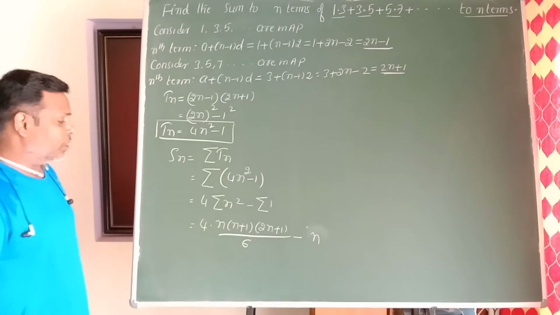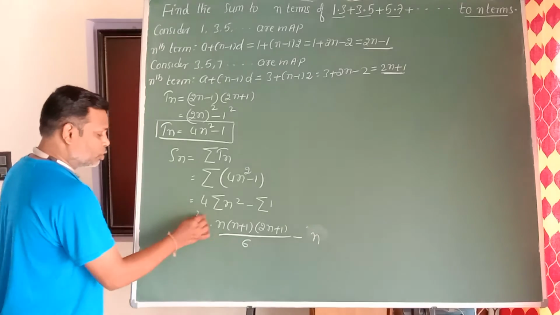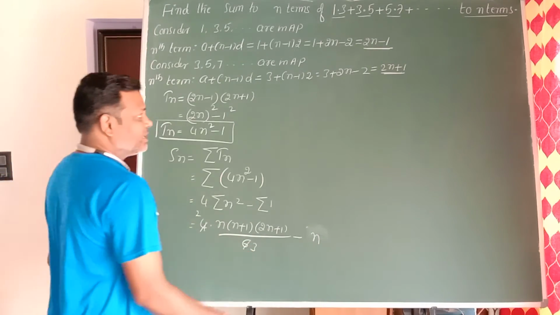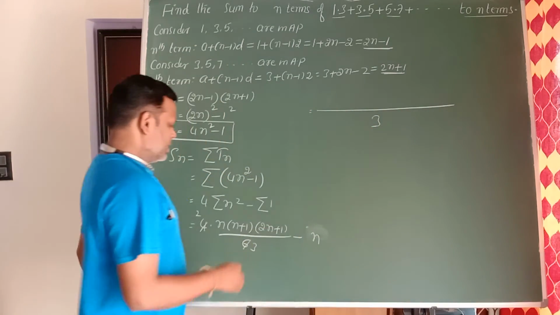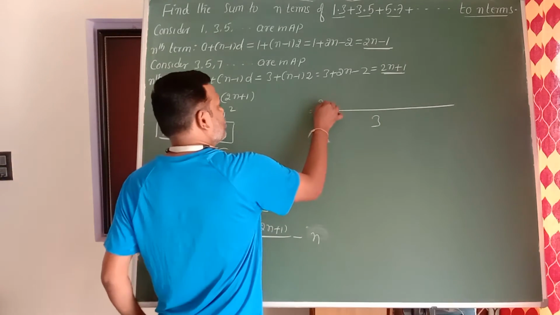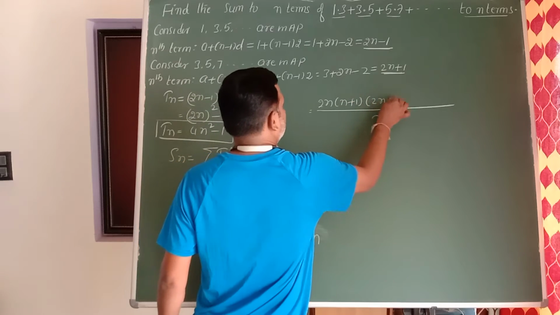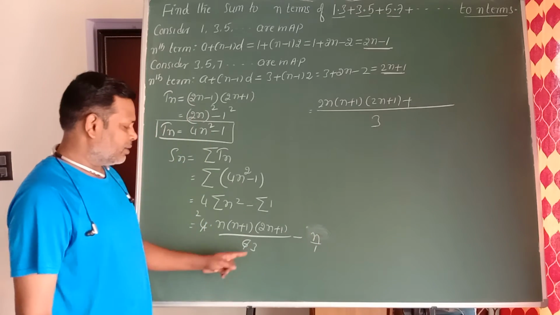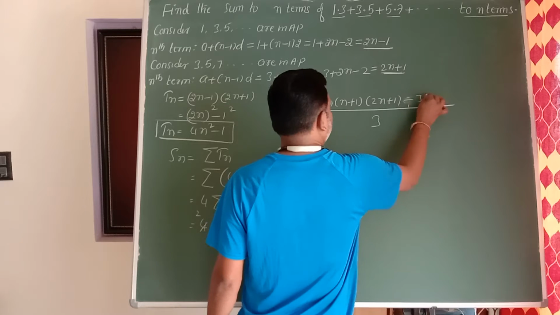Okay. Now we have to take the LCM, or you can do it like this: 2 2s are 2, 3s are 3. So here 3 is the LCM. The remaining is 2n into n plus 1 into 2n plus 1, and in the denominator we have 1, so cross multiplying, that becomes minus 3n.